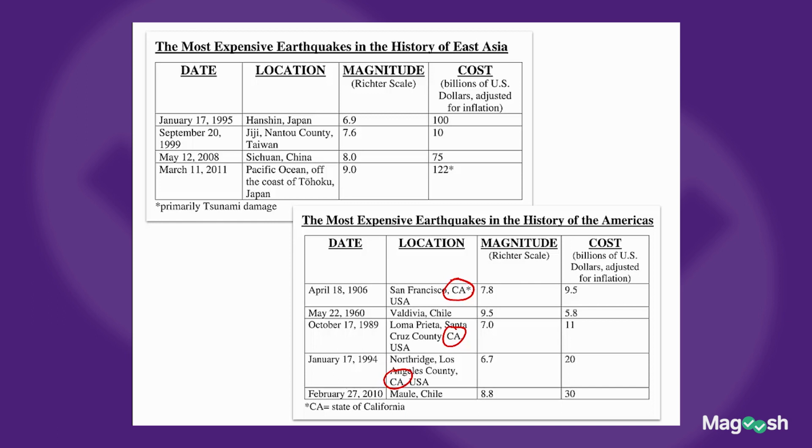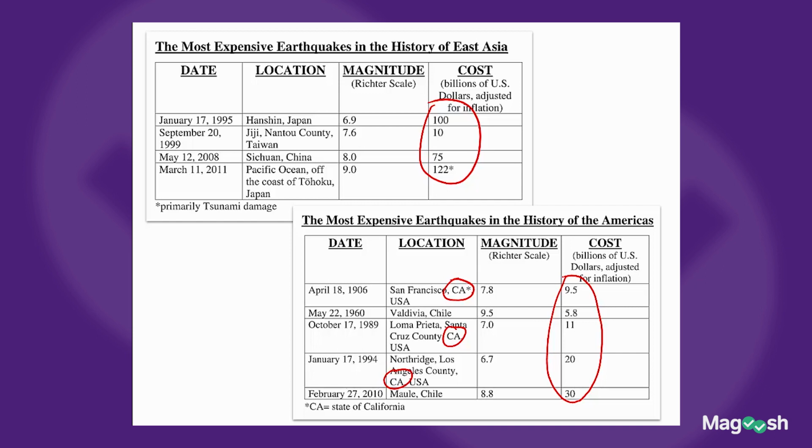But what are the most costly earthquakes on either chart? When we start looking at the cost column, we notice some interesting things. First of all, the earthquakes in East Asia are far more expensive than the earthquakes that occurred in the Americas. We've got the costliest earthquake of all, which happened in 2011 in Tohoku.